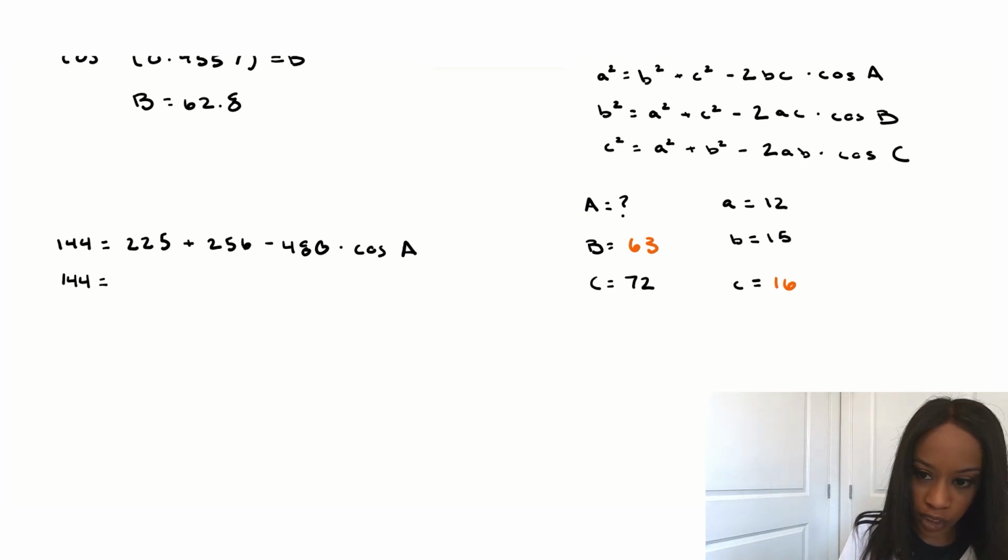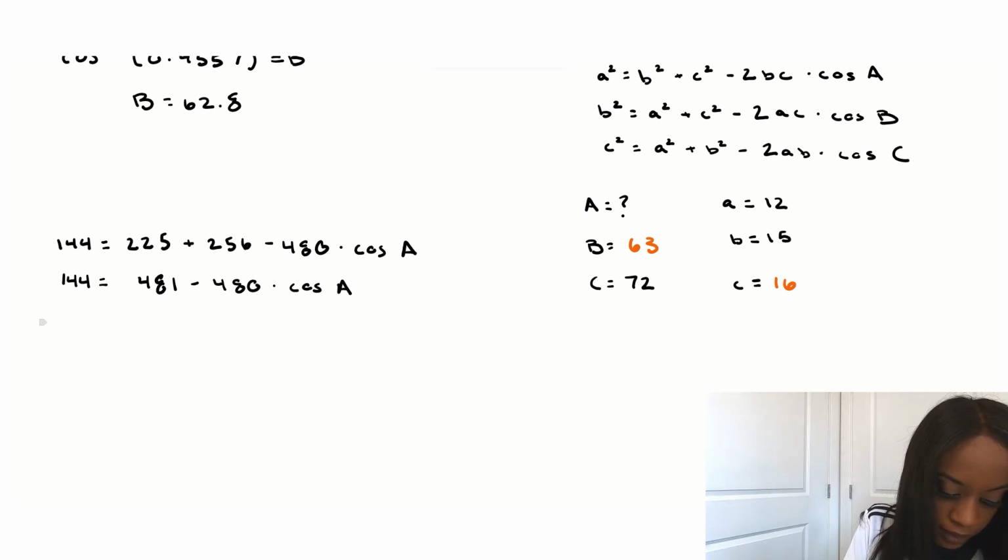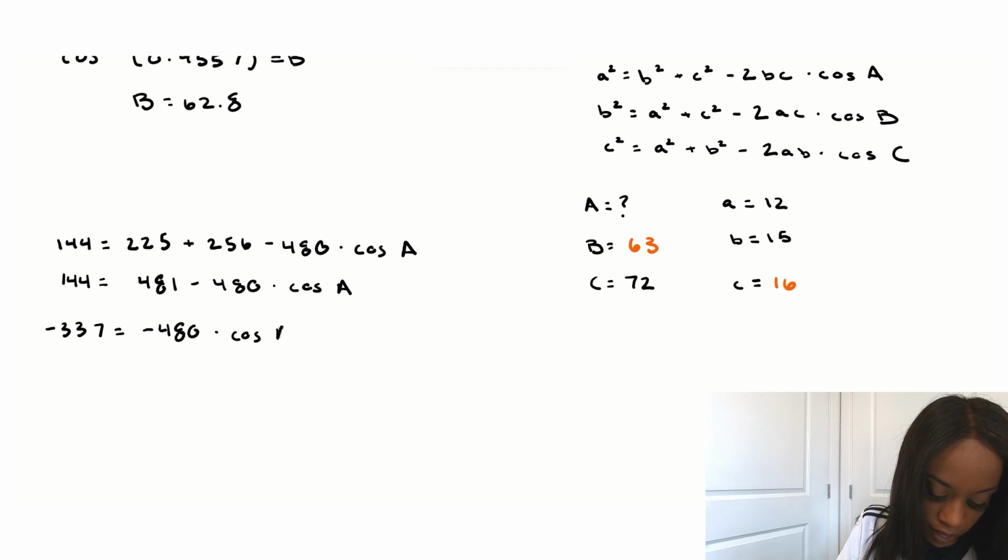Simplifying, we get 225 plus 256, which gives us 481, minus 480 times cosine of A. Next, we'll subtract 481 from both sides to give us negative 337, which is equal to negative 480 times cosine of A. We'll divide negative 480 from both sides, which gives us 0.702.